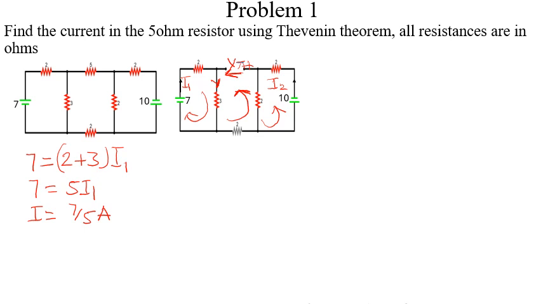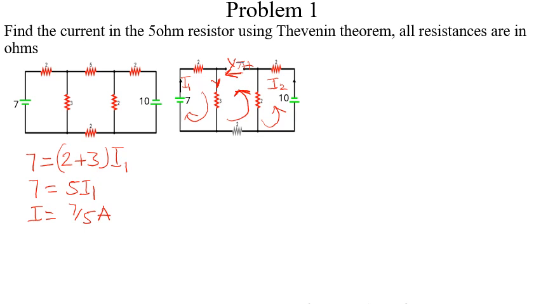So let us also apply KVL in the second loop. Applying KVL in this loop, we are going in the anti-clockwise direction, and we realize that we are moving from a higher potential to a lower potential, which is minus 10. So here will become minus 10, and the voltage drops there are 2 and 2, that makes it 4.